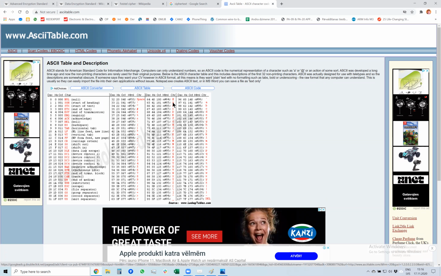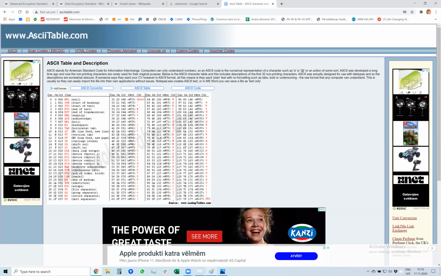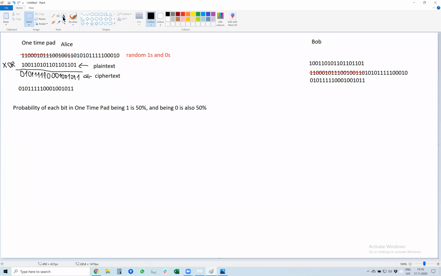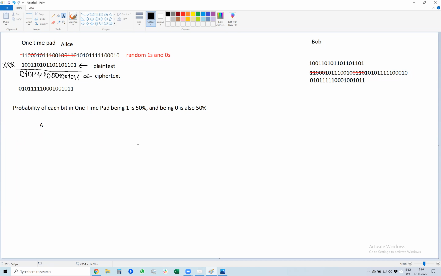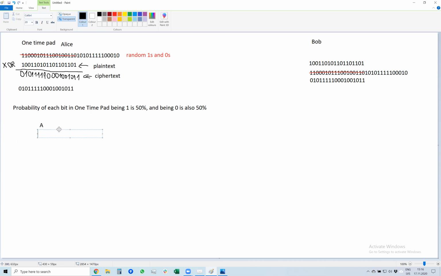And for example, capital letter A is decimal 65. So let's say Alice wants to send letter A to Bob. In reality, she sends it as number 65.